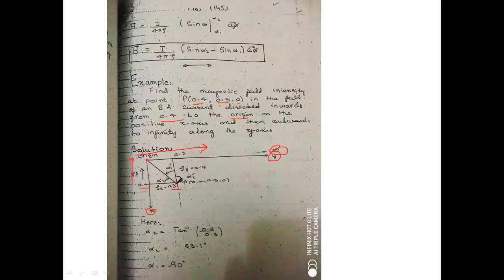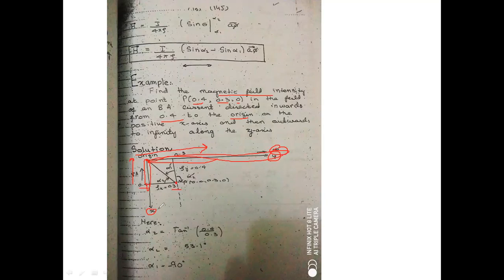Okay, so now we have two portions. The first one is this, and the second portion is this. So we will apply the magnetic field intensity for these two separate conductors. We will assume that these two are separate current carrying conductors.